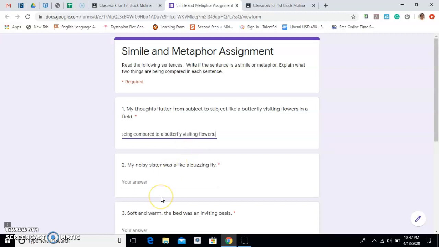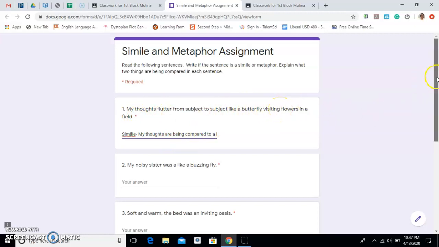Okay, so as you can tell, it's a complete sentence. And once again, it's a simile because it uses the word like or as. It has like, and then my thoughts are being compared to butterflies visiting flowers.